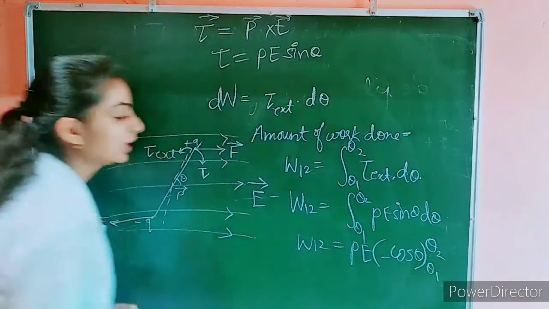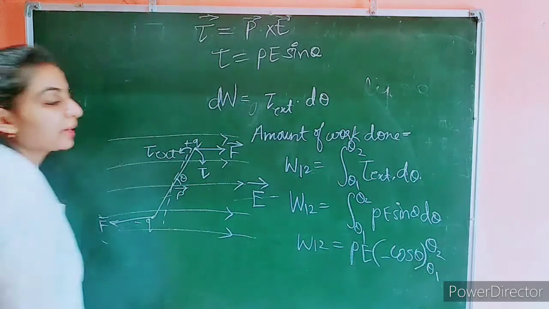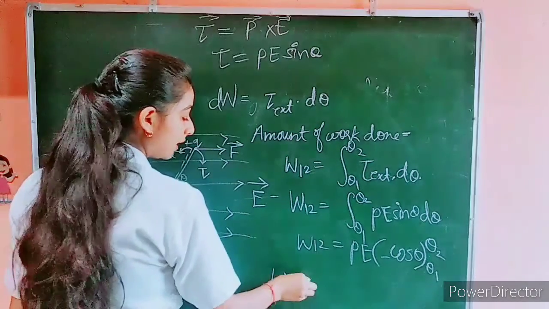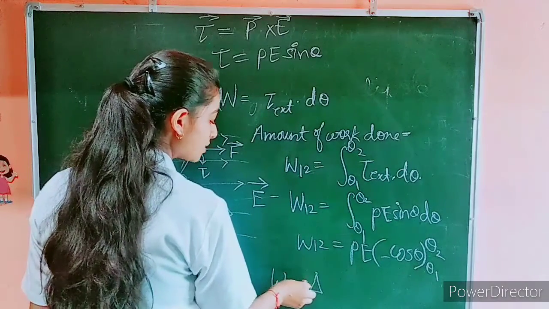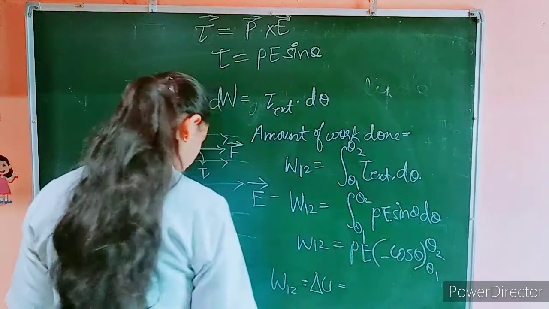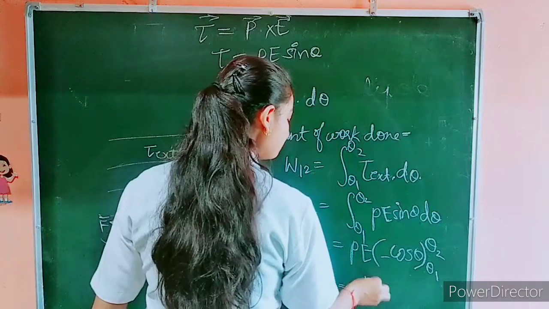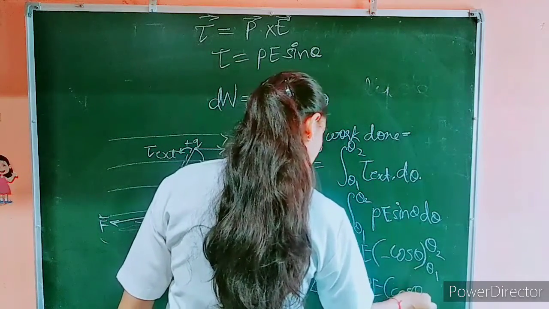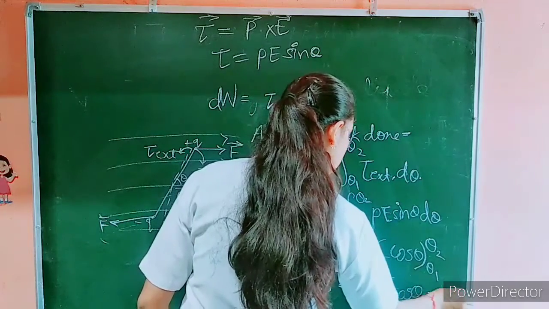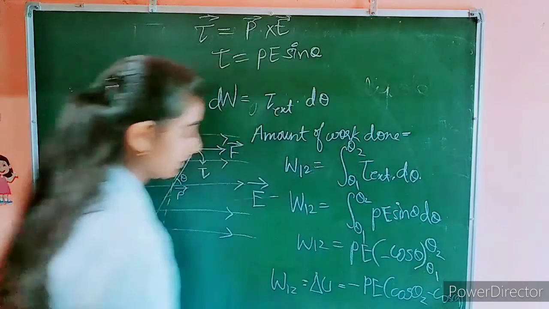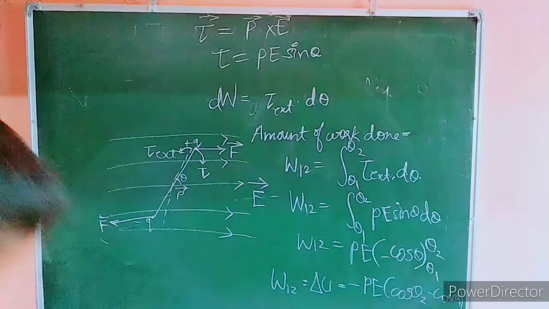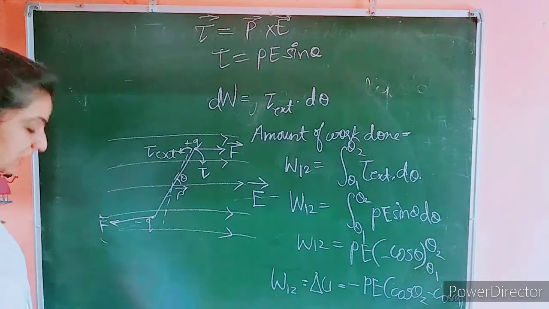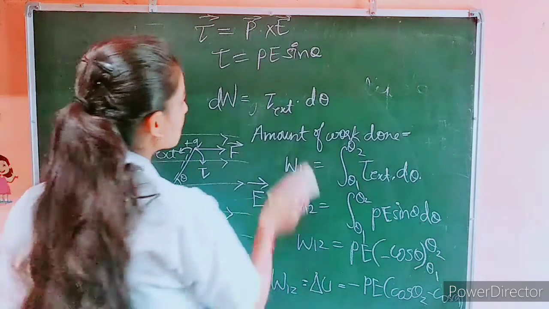theta 2. Now, this W12 will be equal to the potential energy stored in it, which is equal to minus PE into cos theta 2 minus cos theta 1. Now, this work is stored as the potential energy of the system.